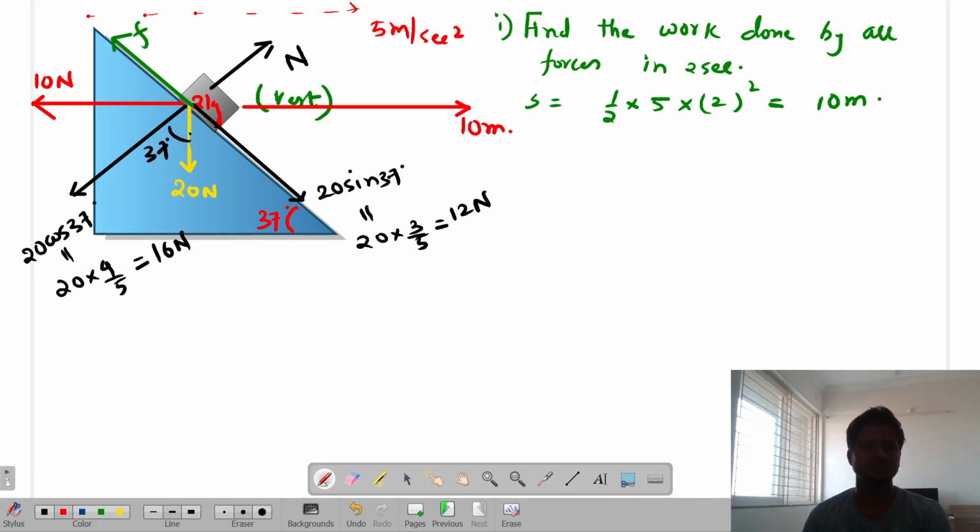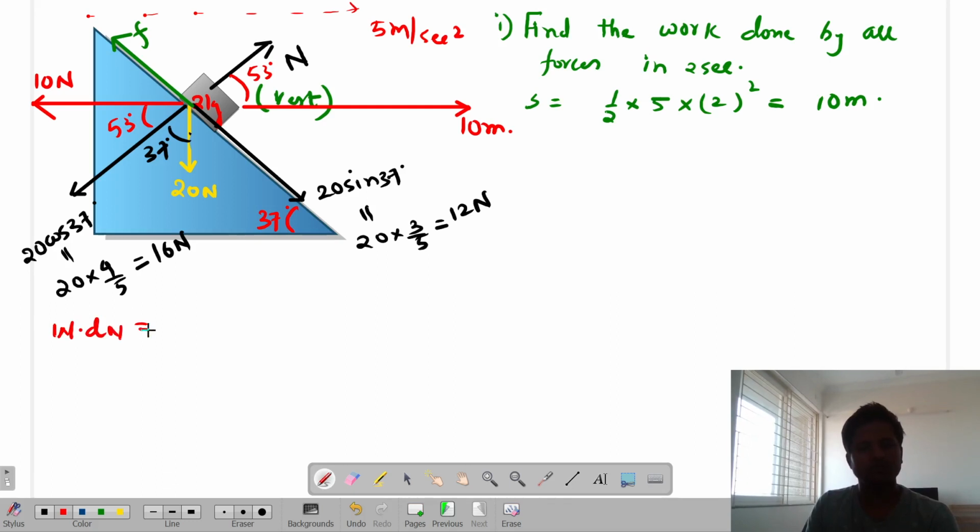Now if this angle is 37, this angle will be 53, so this angle becomes 53 also. The first force I'm calculating is the normal.